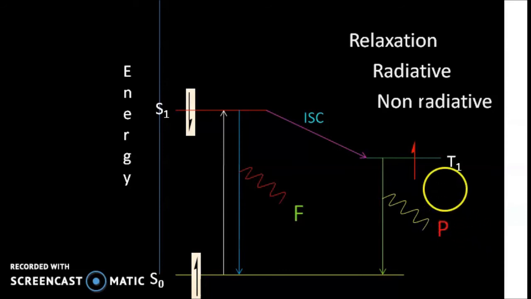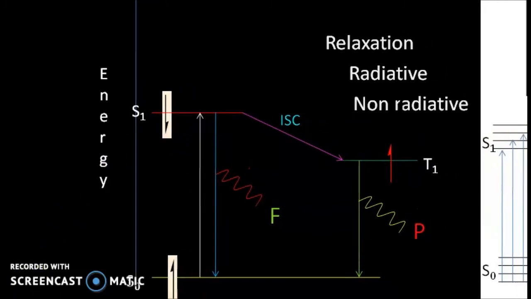Alright, so we have fluorescence and phosphorescence, which are the radiative relaxation phenomena, and we have seen intersystem crossing, which is a non-radiative relaxation phenomenon. Now, in detail, we shall be discussing all these in the next video.